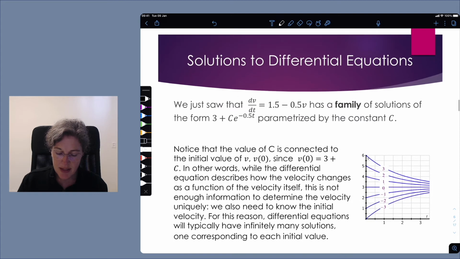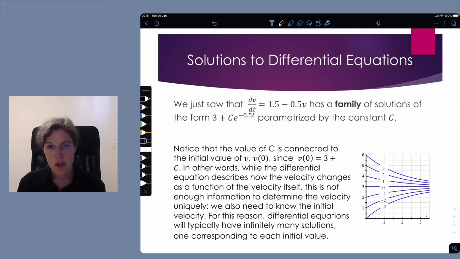Okay, so what we can see is that if you have a differential equation, it has a family of solutions, and there'll be some constant which can take on infinitely many values. So if we have a look at the one we've just looked at, our value of c is very connected to what we call the initial value of our dependent variable. So in this case, it's v0, and here's the solution that we're interested in.